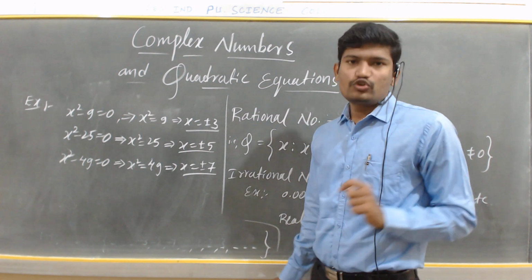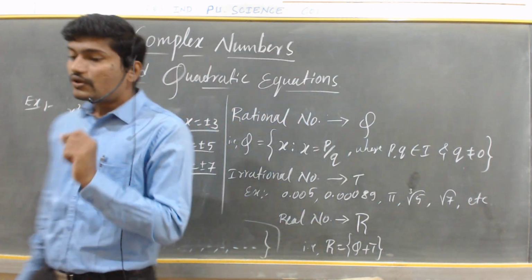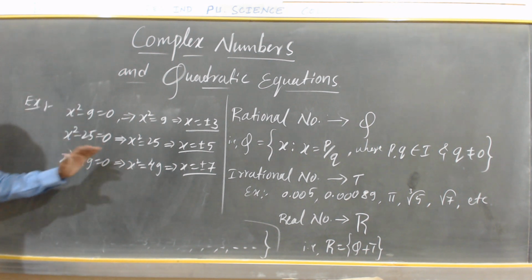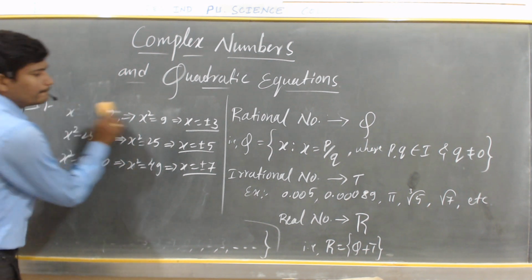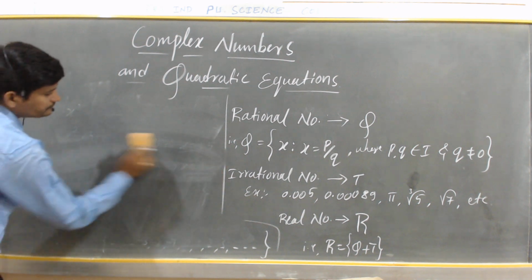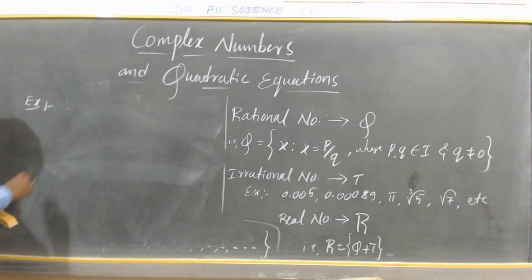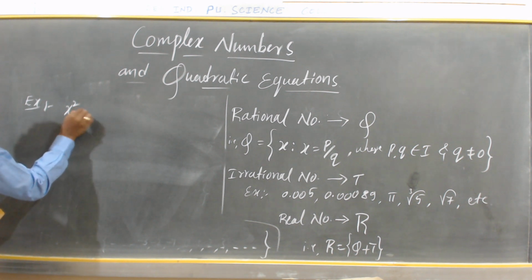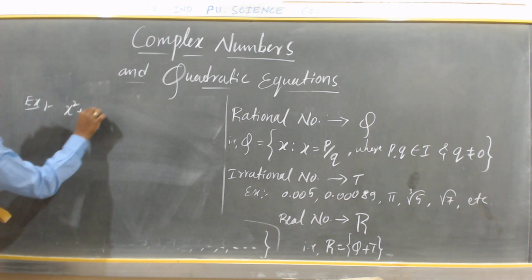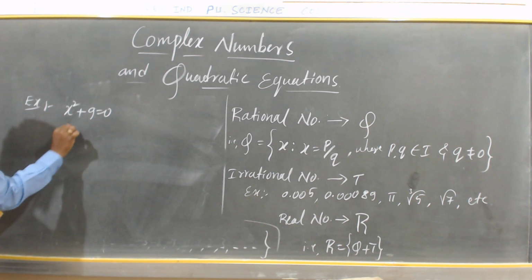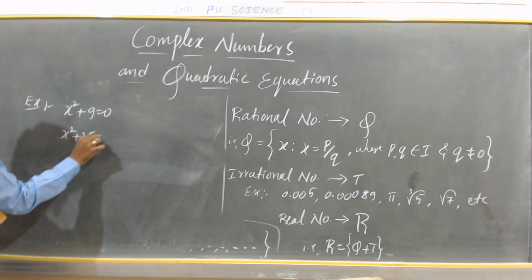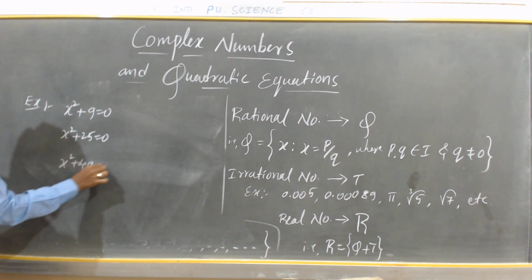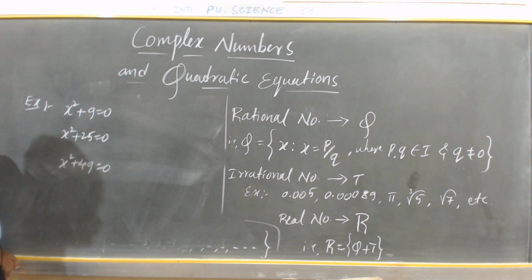But my question is about the square root of negative numbers. Now, x square plus 9 equal to 0, x square plus 25 equal to 0, x square plus 49 equal to 0, how to solve?